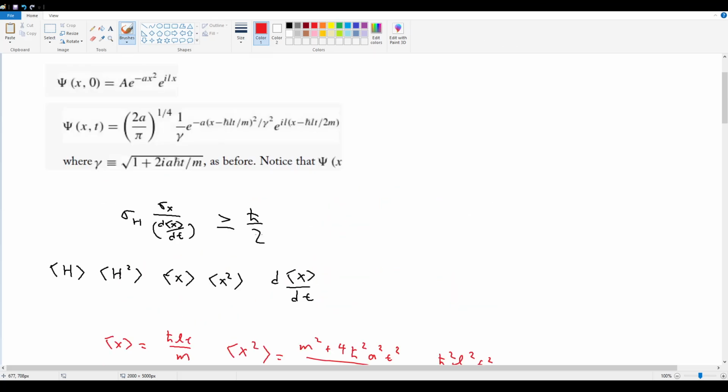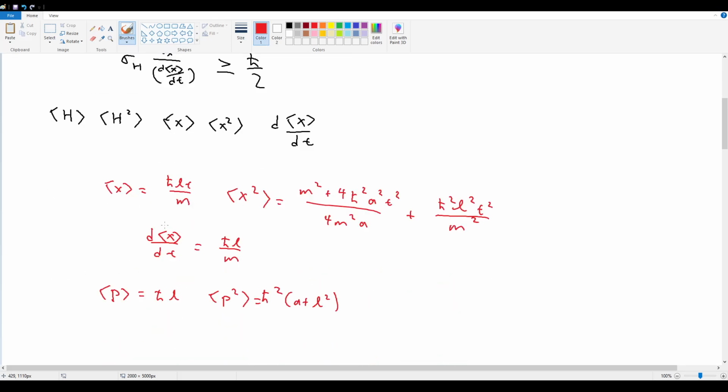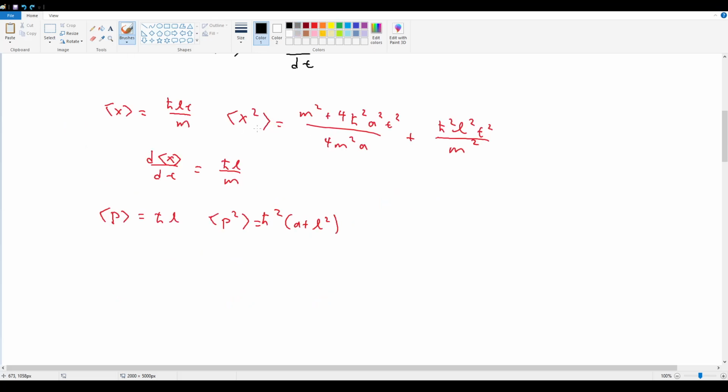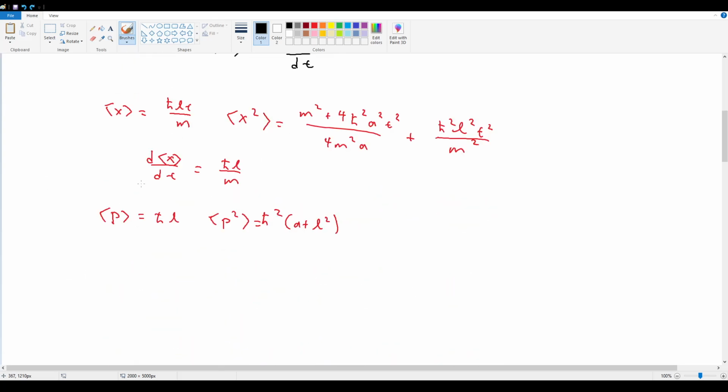So the hard part here is going to be trying to figure out the absolutely atrocious integral that this expectation value of the Hamiltonian is going to give us. In order to find that, we can recognize that the Hamiltonian in this case can be rewritten in terms of the p operator, because we don't actually have a general formula for the energy of the traveling Gaussian wave packet.